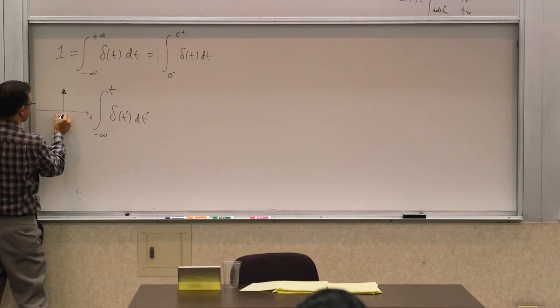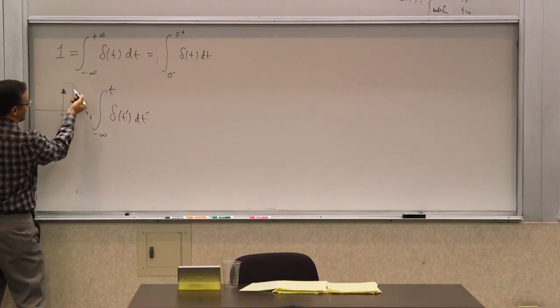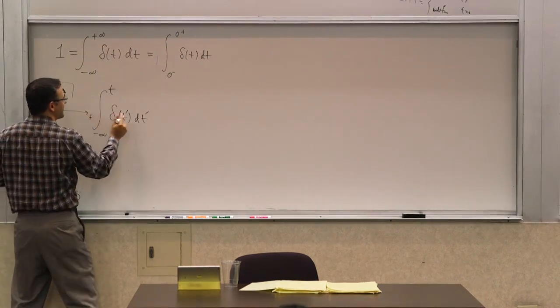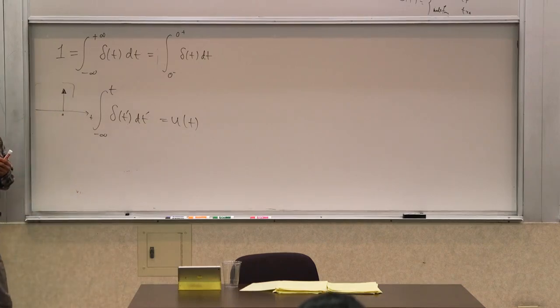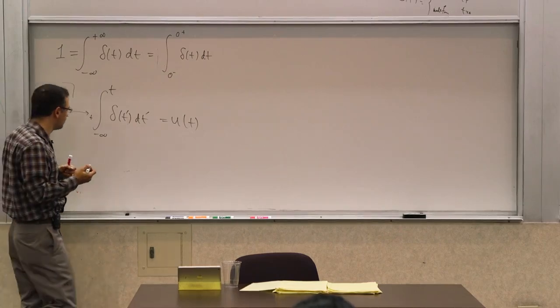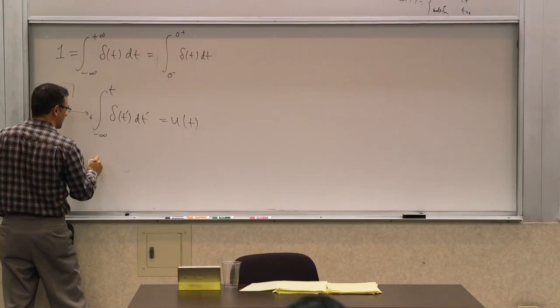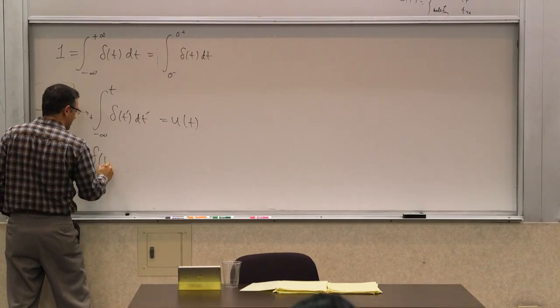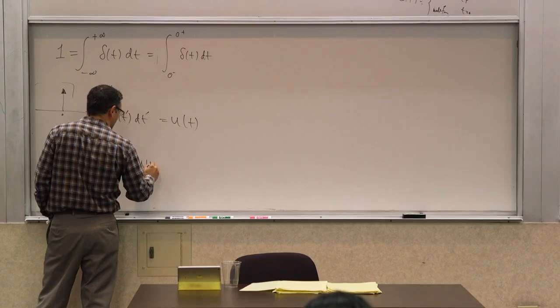As soon as I get past 0, I include this in my integration limit, and then I get 1. So this is simply u of t, right? So the integral of this unit impulse is the step. And conversely, if this is true, then this must be true too: delta of t is the derivative of u of t.